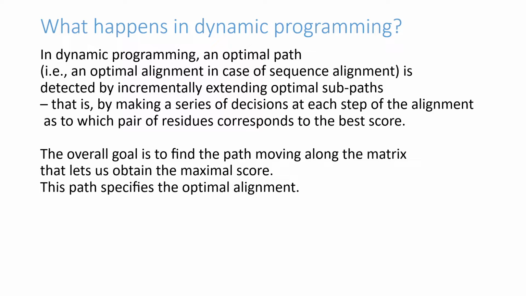The optimal path is detected by incrementally extending the optimal subpaths. The overall goal is to find the path moving along the matrix with maximal score. The path specifies the optimal alignment.